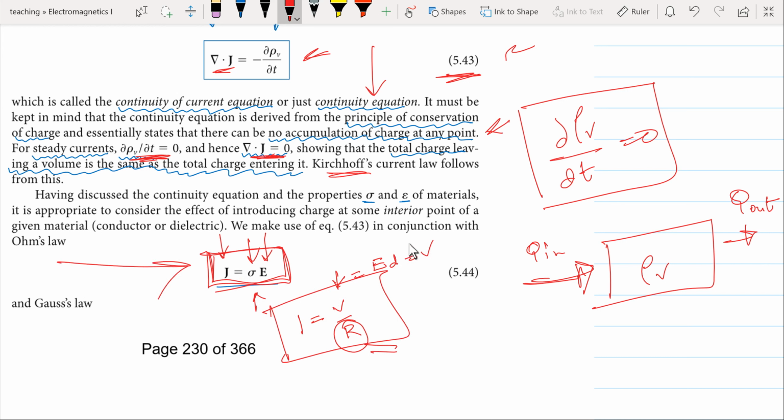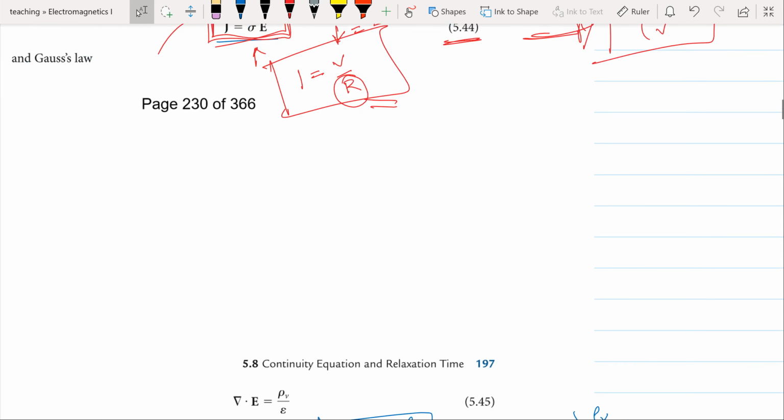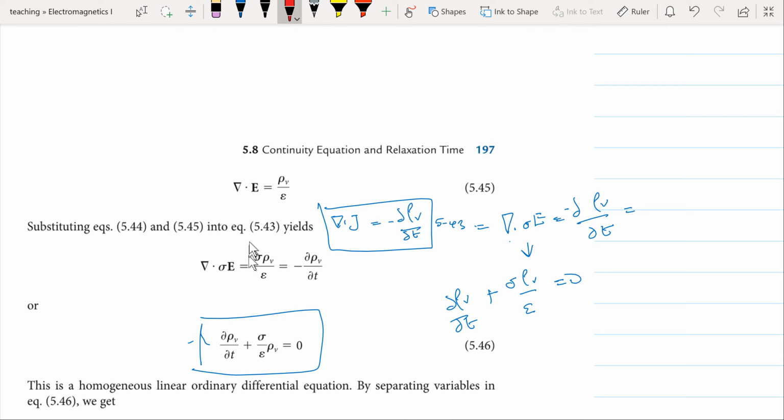So we are using three items: equation 5.43, equation 5.44, and the Gauss rule. The Gauss rule we met earlier. It states that the divergence of E is always equivalent to rho v over epsilon. The basic definition of Gauss rule was not in this form. It was in the form divergence of D equals rho v.